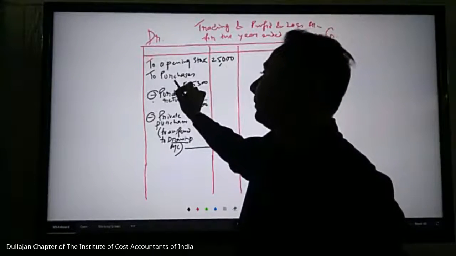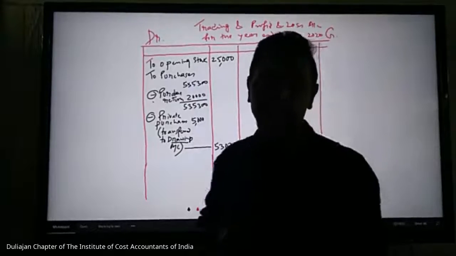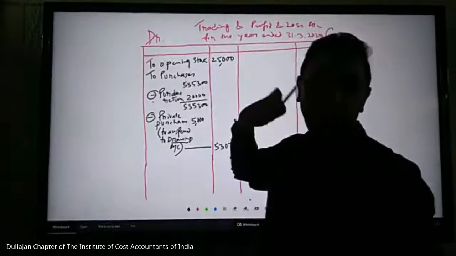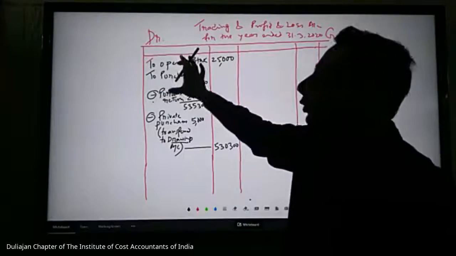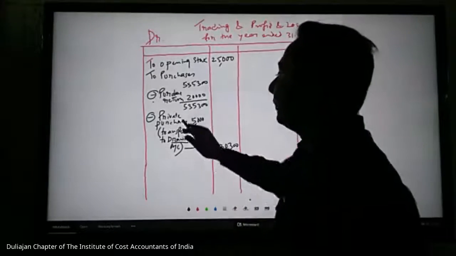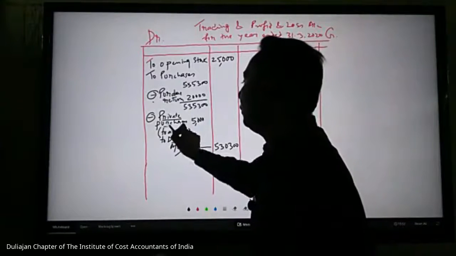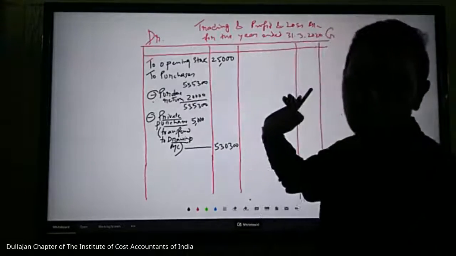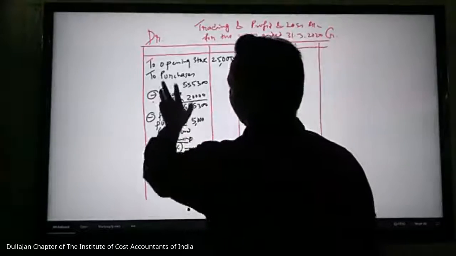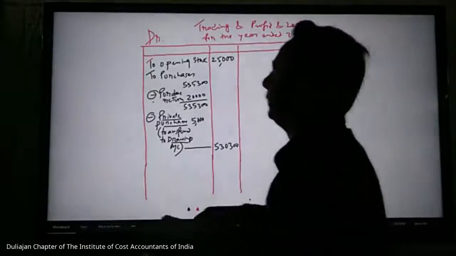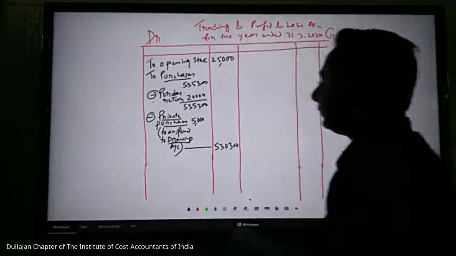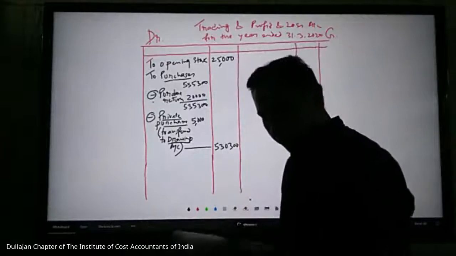This purchase is for business and the private purchase is for personal use. So personal use should be excluded from the main purchases, meaning the purchases related to the business. Understand? Whatever private purchase has been made, we have to remove from the business purchases. So we removed private purchase from purchases; it will go to drawings. This is adjustment number 4.